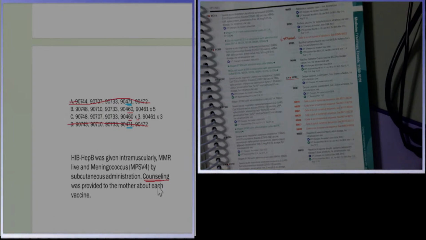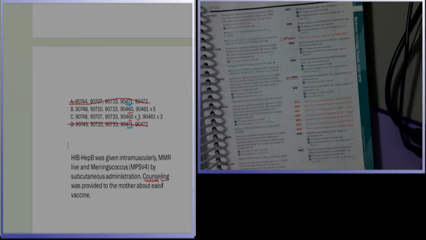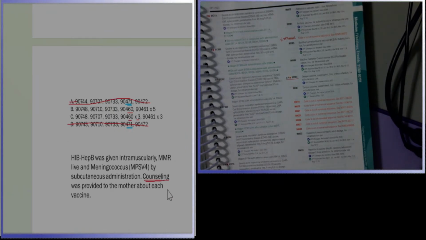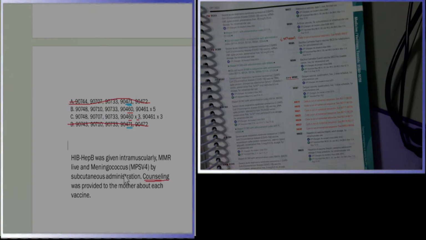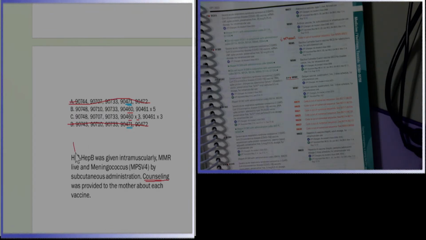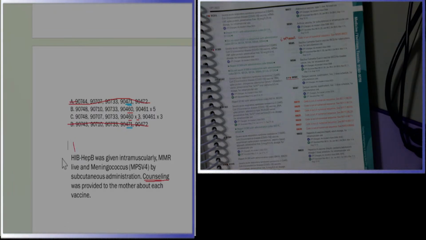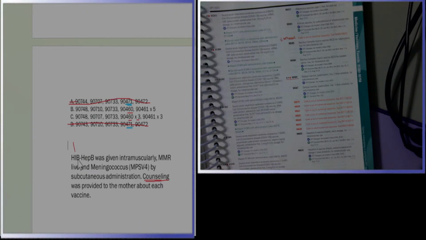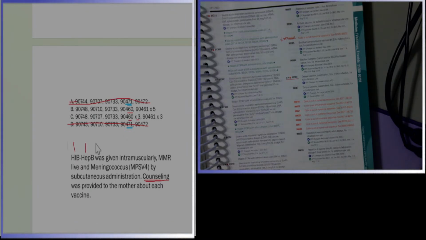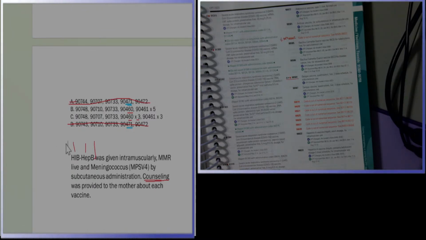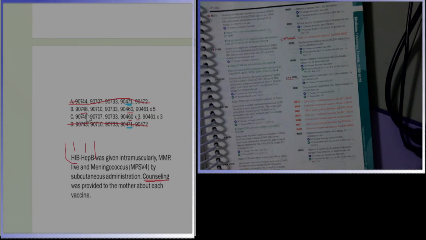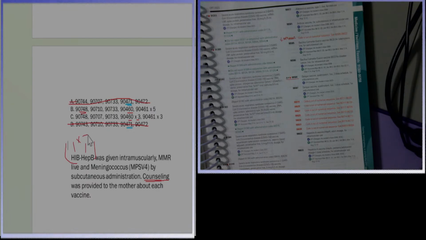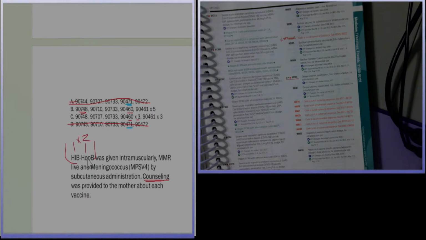When a doctor does counseling, you have to code that each component of every single vaccine was counseled on, meaning HIB is for Haemophilus influenzae, a good disease we don't get anymore. We counseled on that one. We also counseled on hepatitis B. This is one combo shot that is billed together as the 48. It gets a ×2 because we counseled on both those components.